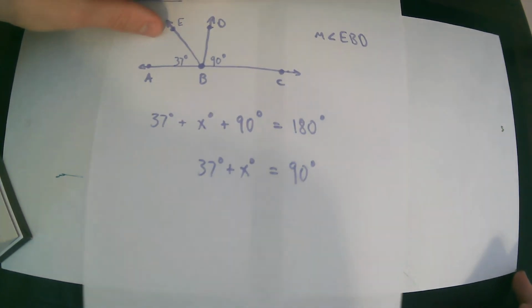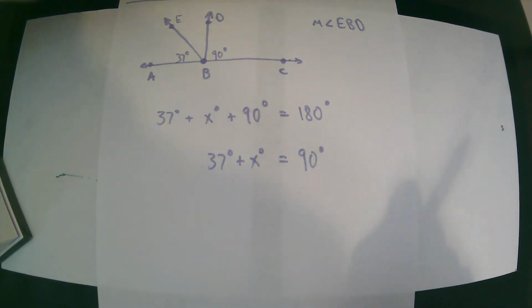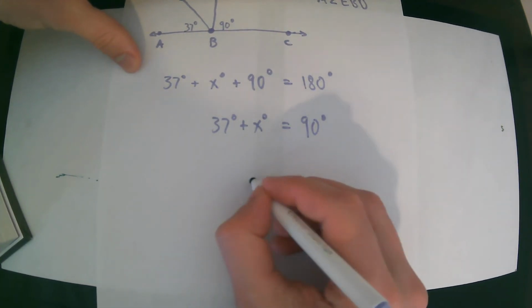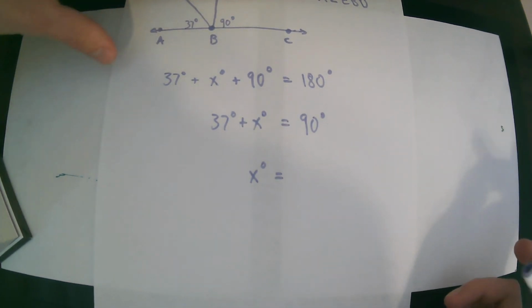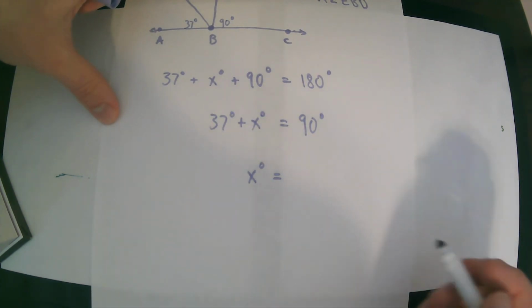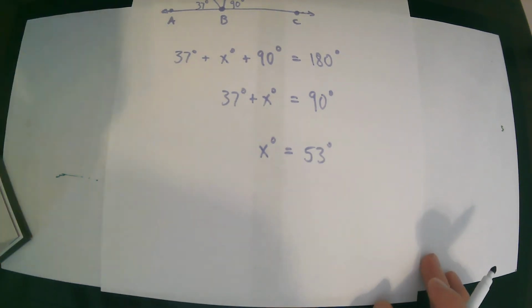So really the same thing. You could argue this way is a little bit easier. Doesn't matter to me. Okay. Solve for x here. x degrees is equal to, subtracting 37 from both sides, we're going to get 53 degrees. Okay, cool.